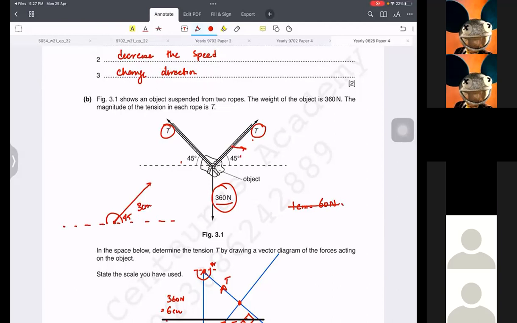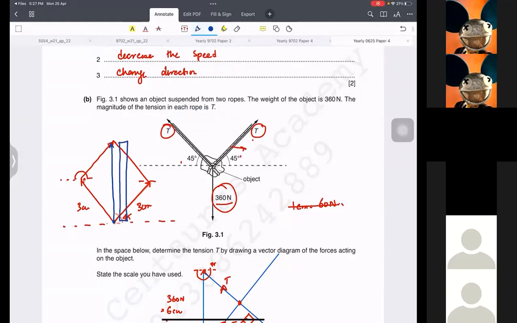Then we know that the other T is also at 45 degrees, so we measure and extend it to 3 centimeters. Then, once you have both, you can make parallel lines, putting the protractor at 45 degrees and 45 degrees. Once you have this, you know your resultant is going to be from this point onto this point.